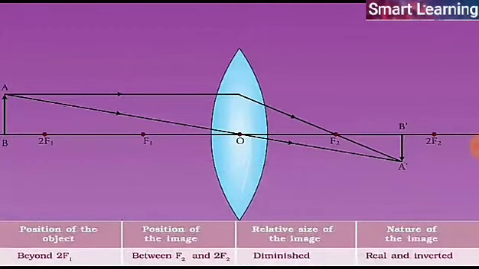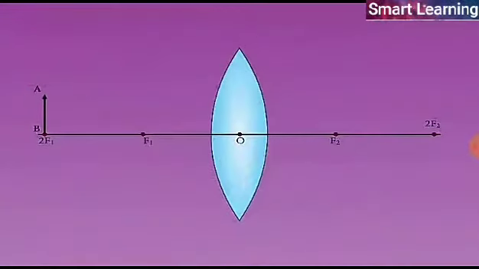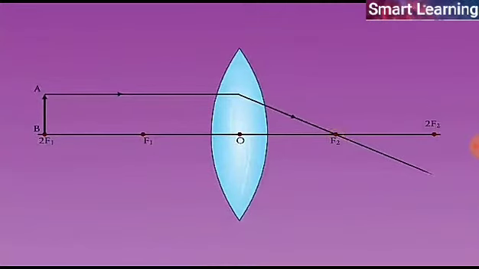Thus we conclude that when the object is held beyond 2f1, the image is 1. Real and inverted, 2. Smaller in size than the object. When the object is held at 2f1, a ray of light starting from the top and incident on the lens in a direction parallel to the principal axis of the lens on refraction passes through second principal focus f2 of the lens.